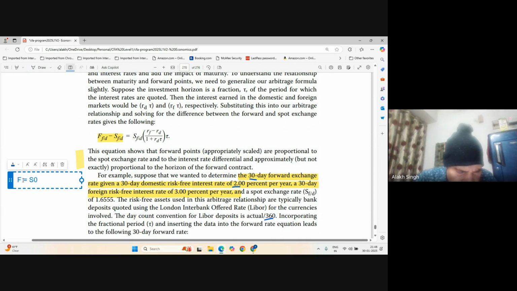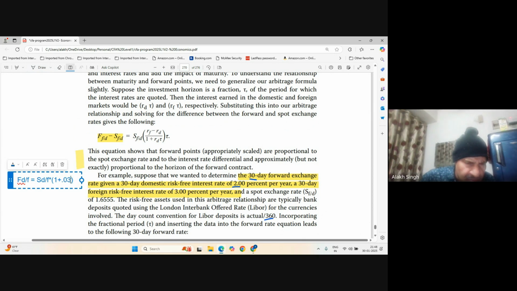I used to do this D by F; that is what the convention was for direct. And S0 D by F times, since it is F, we will have 1 plus RD, 1 plus 0.02, that is the RD.